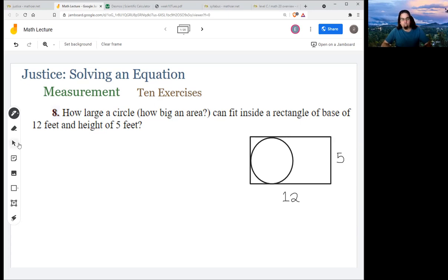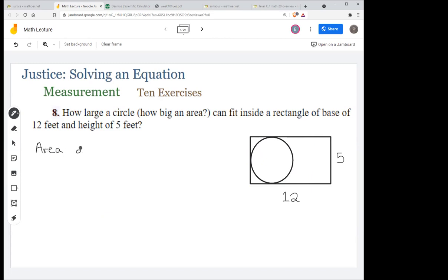In your picture, you might have done something a little different. You could have put your circle in the middle, or turned everything sideways so the rectangle goes up and down, taller than it is wide, but you'd have some picture like this. Okay, what's the area of a circle? Pi times radius times radius.